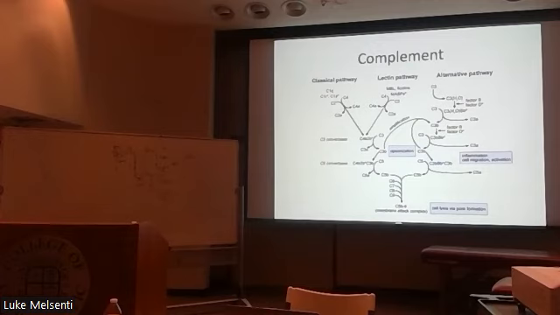All right, complement. So you have three pathways: classical, the alternative pathway, and then the lectin pathway. Both the classical pathway and the lectin pathway are going to have the same C3 convertase.